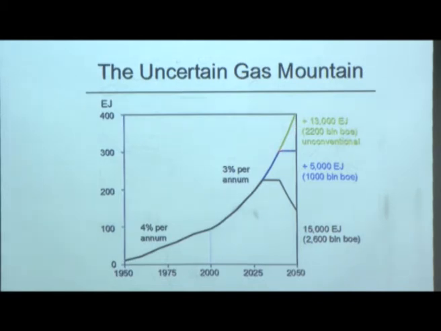Now if you look at the unconventional energy sources as of now, they are not very economical because we have not been able to develop technologies to make them compete with conventional fuels. So this will be around 2035 or 2040.